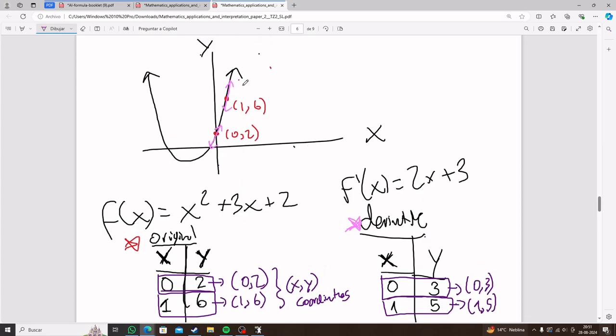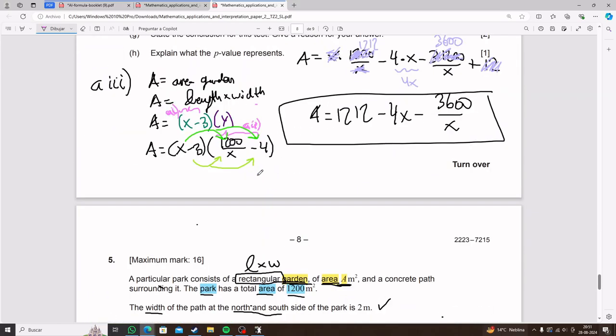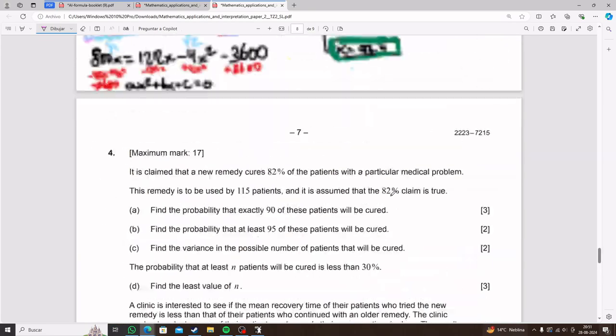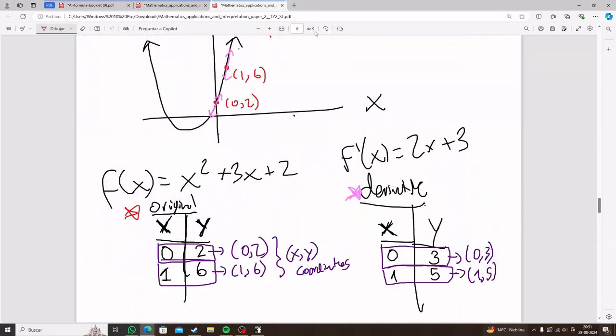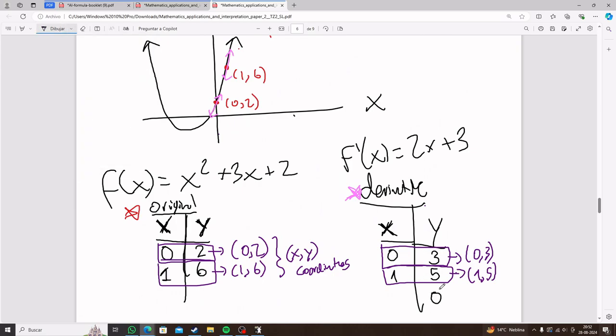Now, following the idea of the slopes, because I did say you have to have your derivative equal to 0, ¿cierto? Now, why do you have your derivative equal to 0? Because if your derivative equals 0, I'm saying that your slope is 0, ¿cierto? So basically, you're working backwards. You're saying, okay, if my slope is 0, what is my x? That's what you're saying.